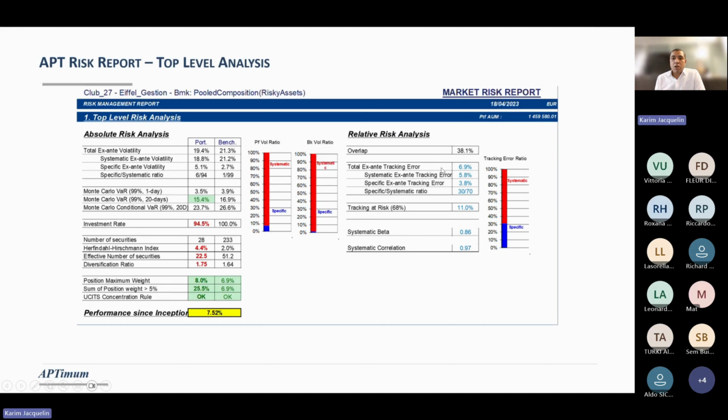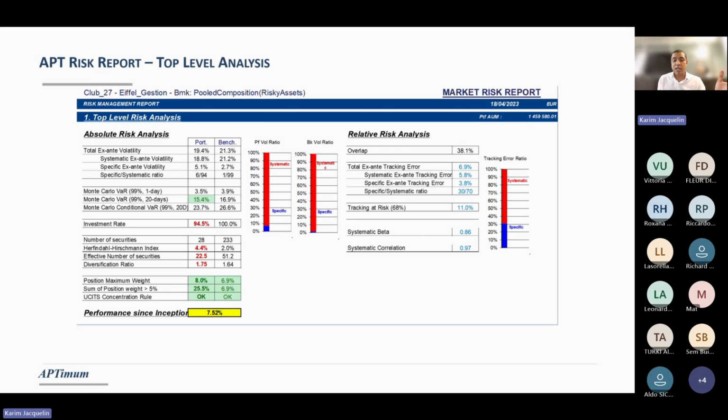Ex-ante tracking error is also an annualized risk indicator. In this case, it's 6.9%. So it means that you have a 68% probability that your portfolio performance minus the benchmark performance will be between plus 6.9% and minus 6.9%. So if you have a 68% chance to remain inside this range, it means that you have 32% to be outside of this range.